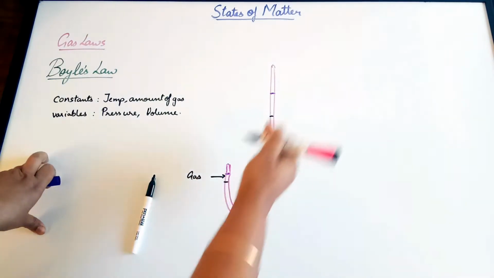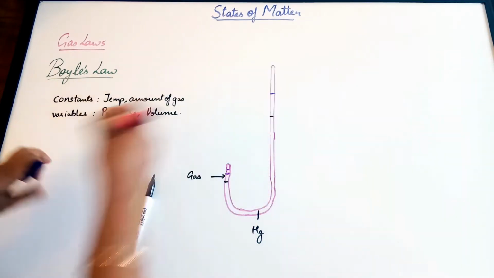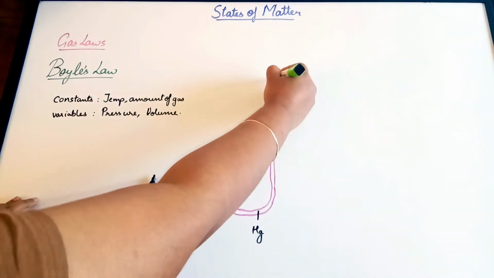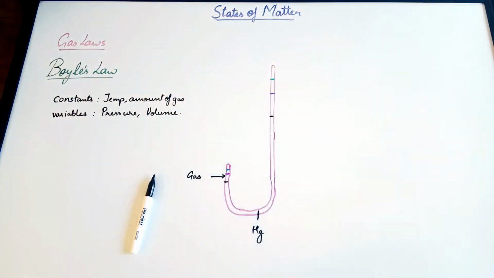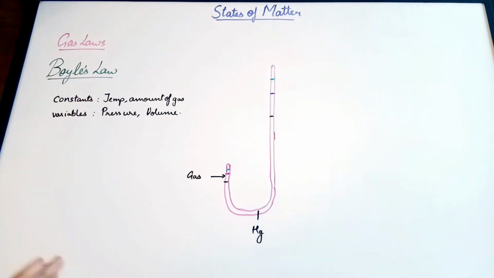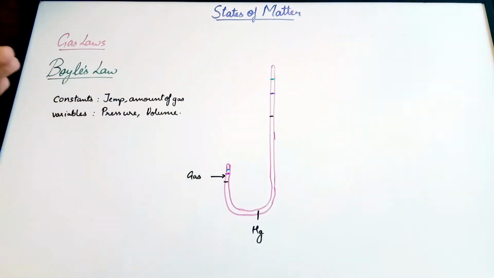Again, when he added a little more, he noticed an increase in pressure and a decrease in volume. So that is the basic idea behind Boyle's law. He said that the pressure and volume are inversely proportional to each other, and this is at constant temperature and a constant amount of gas.